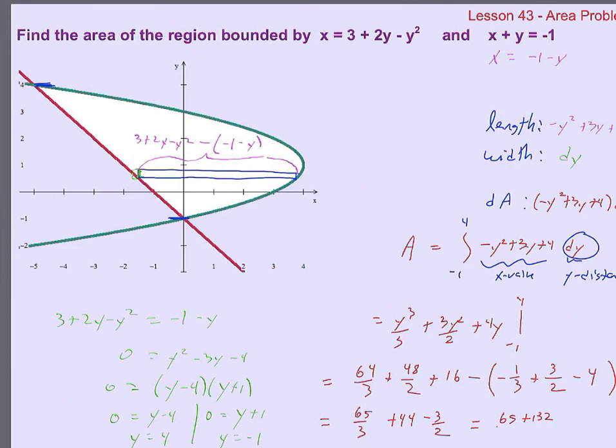You have to convert them into sixths if you really want to put them all together, which I wouldn't say is necessary in this case, but I'll do it anyway. 130 coming from the 65 over 3 is going to be 130 over 6, plus 264, which is 44 times 6, minus 9, all over 6, which is 121, and 264 is 385 over 6, which I don't think reduces. And I could have made a mistake in there.